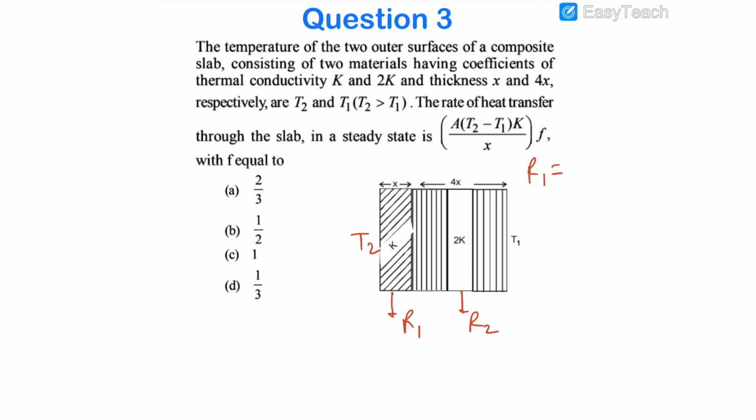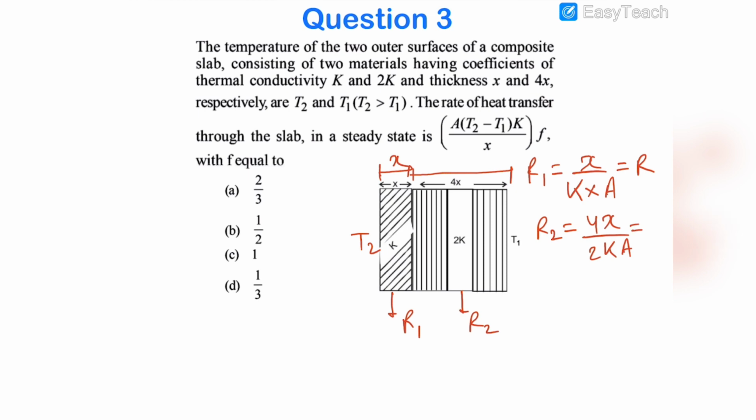R1 will be equal to this length, you can see the complete length will be equal to 4x, and this length is x, so R1 will be equal to x upon conductivity K into area of cross section, let's suppose A, and this is R. We are assuming that this is R, so R2 will be equal to the length of the slab 4x upon K is 2K, and the area of cross section is the same, so you can see that this would be 2R, and therefore in series the equivalent resistance would be equal to 3R.